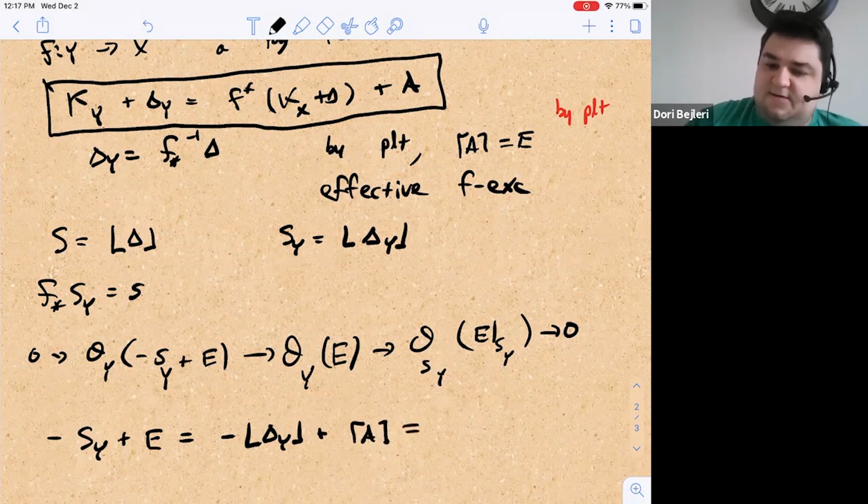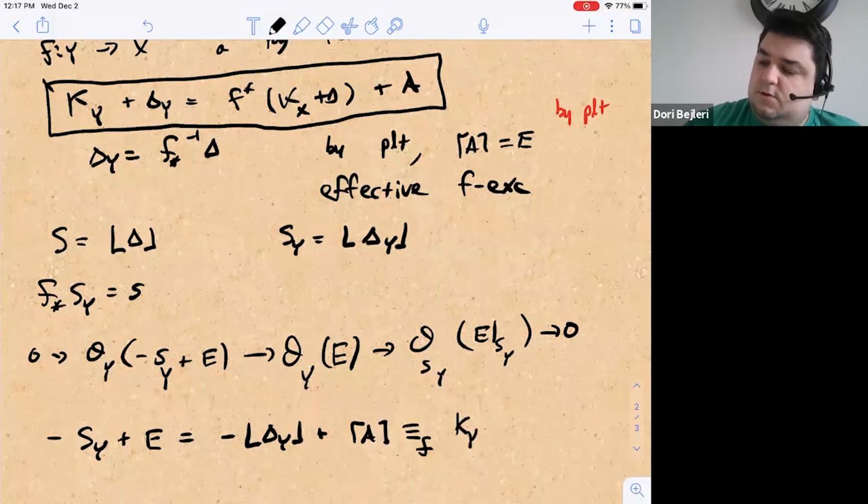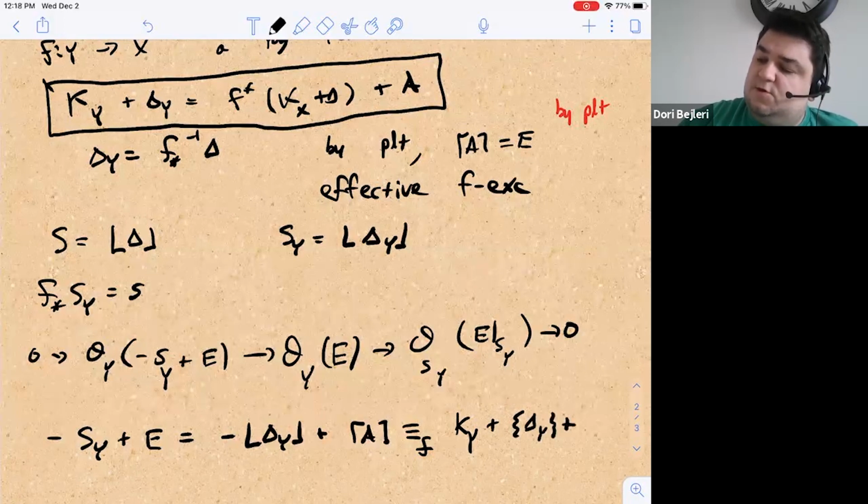And now this is f numerically equivalent to KY plus the fractional part of delta y plus the roundup of E minus the roundup of A, I mean. E is already the roundup. The roundup of A minus A.